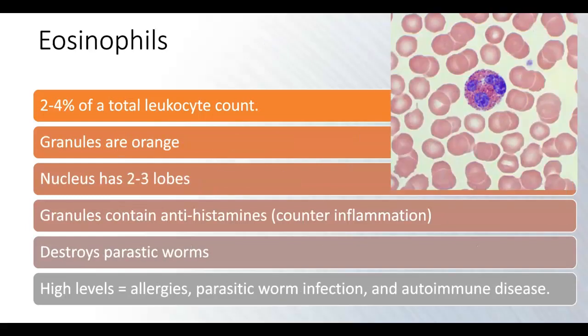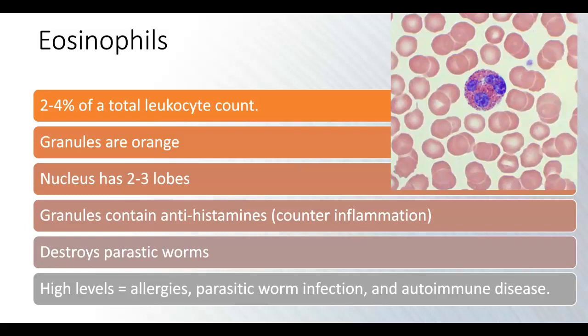Eosinophils are 2 to 4% of the total leukocyte count. Their granules are going to stain orangish. It also has a lobed nucleus, usually two to three lobes. Granules are going to contain antihistamines, so they're going to counter inflammation. These are particularly effective against parasitic worms.